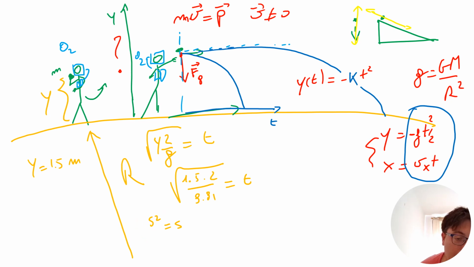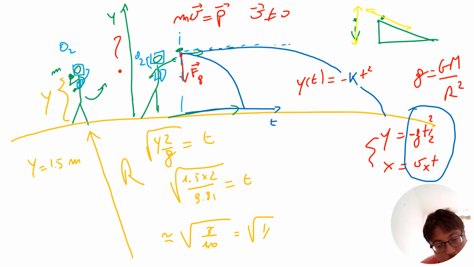Dimensional analysis is done. 1.5 times 2 is 3, so roughly we can approximate this. It's 3 divided by 10, so 0.3333. So it's equal to the square root of 1 over 3, roughly. Okay, and this is the time.